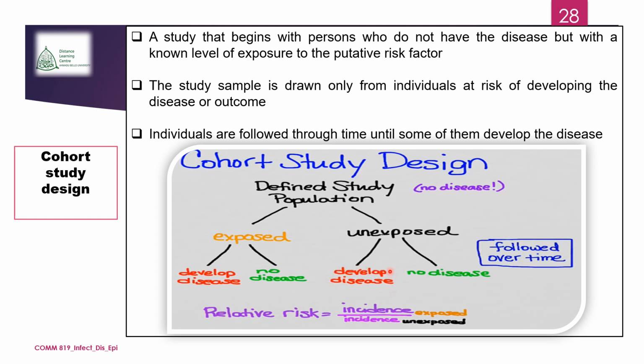Okay, so here we talk of incidence ratio. When you compare the incidence in the exposed over the incidence in the unexposed, then based on that, you now interpret your result, just like in odds ratio.